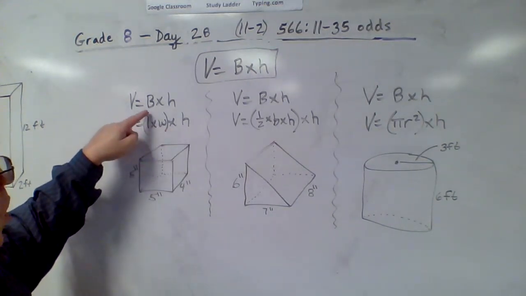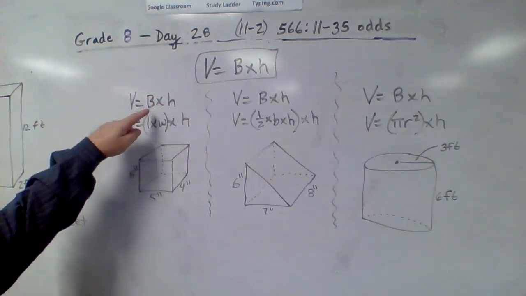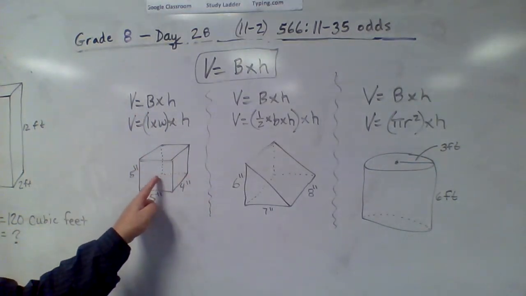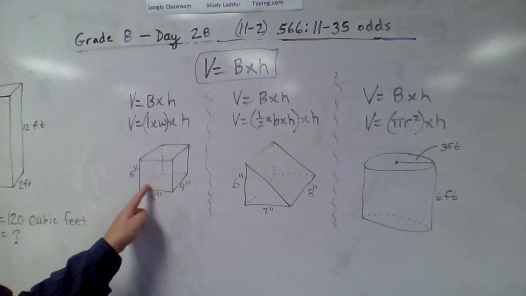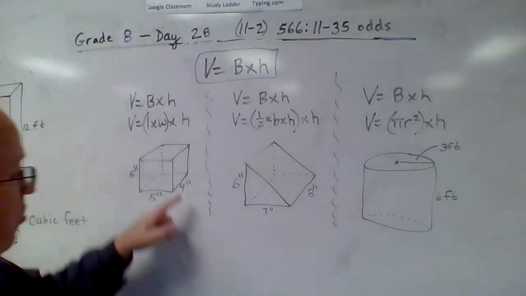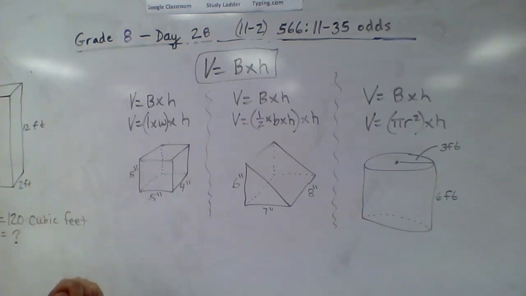Length times width replaces the B. Why? Well, the base of this shape is this 5 by 4 inch part down here that our prism is sitting up on. So it's the area of this base times the height.